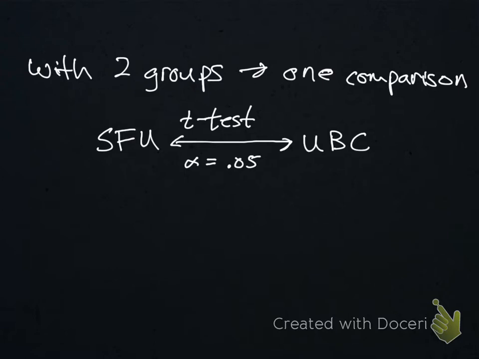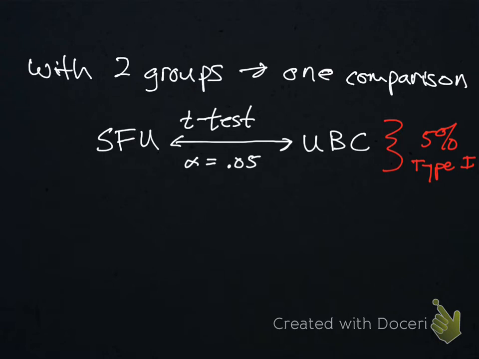That means that overall, my total error associated with answering the question, are they significantly different, gives us about a 5% chance of type 1 error, because we set alpha to 0.05.